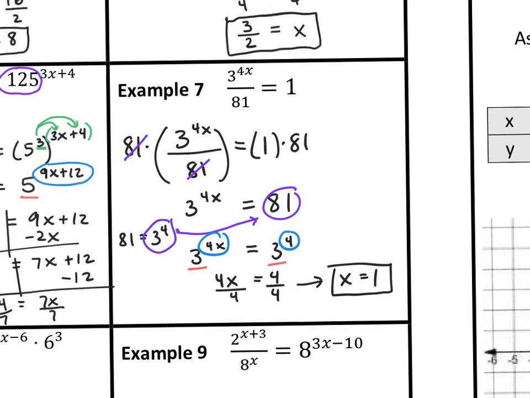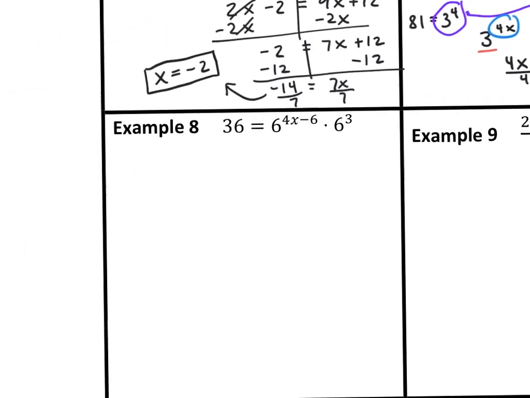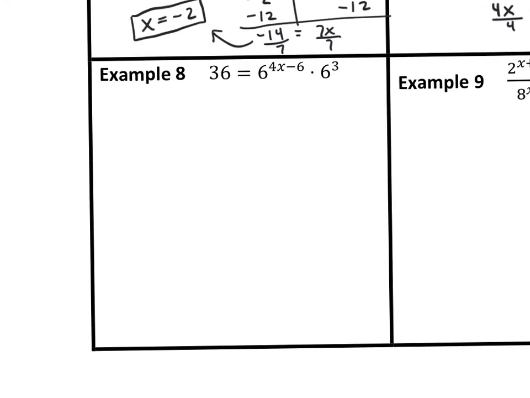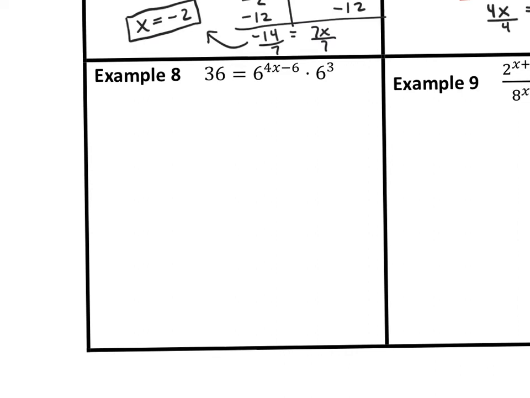Let's move on to example 8. All right. For 8, if you notice on the right side, there's a multiplication going on here. And what did we say when we were talking about the rules of exponents?